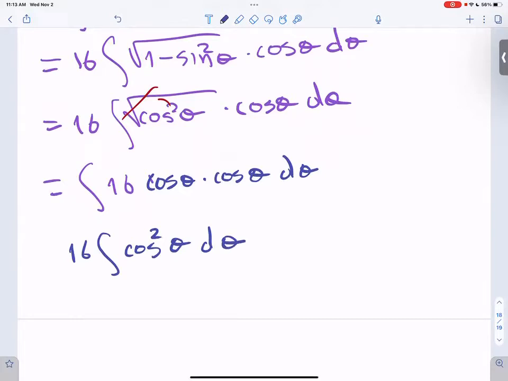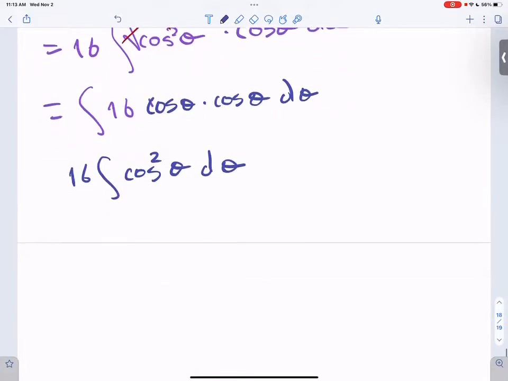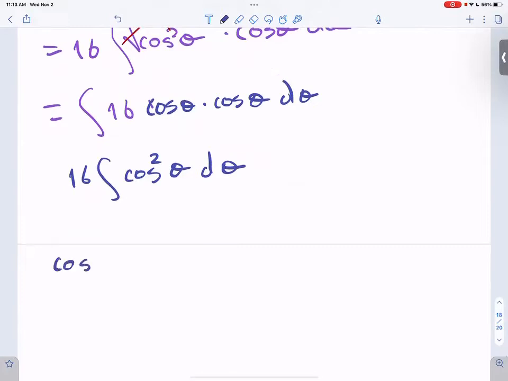Well, now the cosine squared of theta can be written as cosine of 2 theta plus 1, divided by 2.